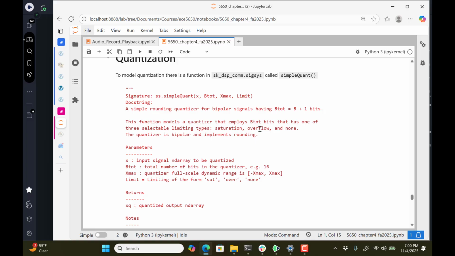The number hits the top, and if it's above a quantization level, it's going to roll around and become a large negative number. So this quantizer produces that nasty stuff if you don't scale it properly. Saturation, though, clips it at the top and the bottom. And none just is like closing your eyes and pretending it doesn't exist. It just lets it keep going higher and lower. It'll just go right on through.